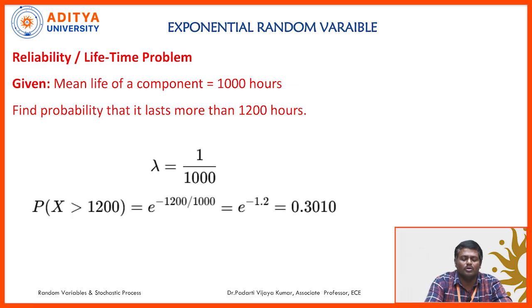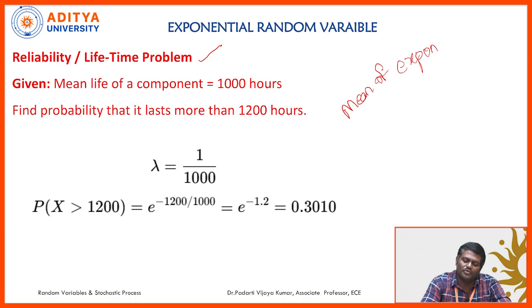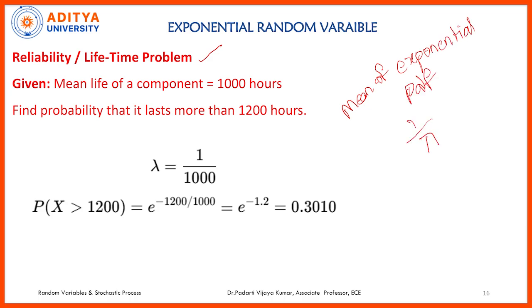We will take one more problem which is related to the applications of reliability. The mean lifetime of a component is given. The mean of the exponential PDF is 1 by lambda. We know the mean formula, E of x is equal to the integral from minus infinity to infinity of x into f x of x dx.